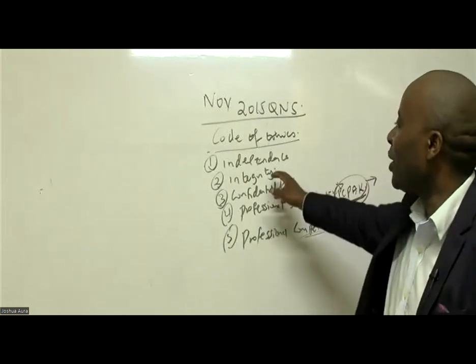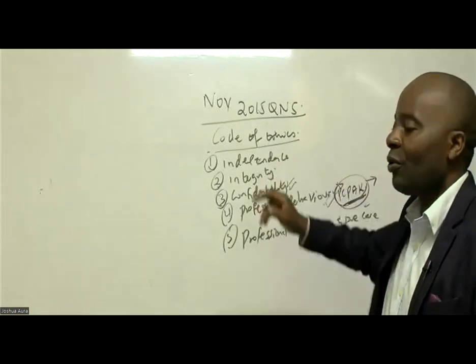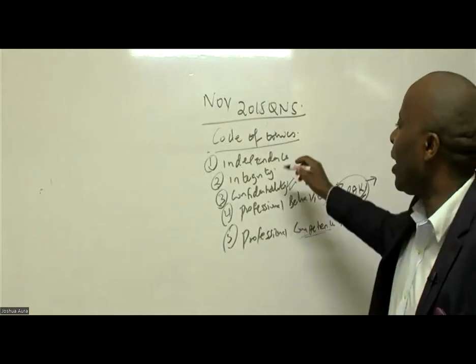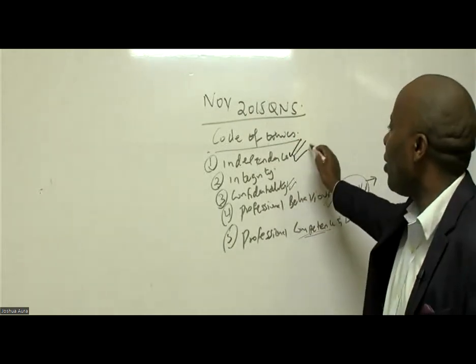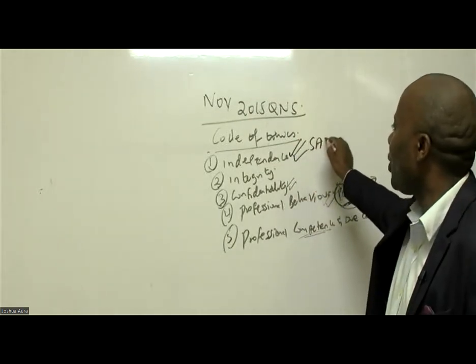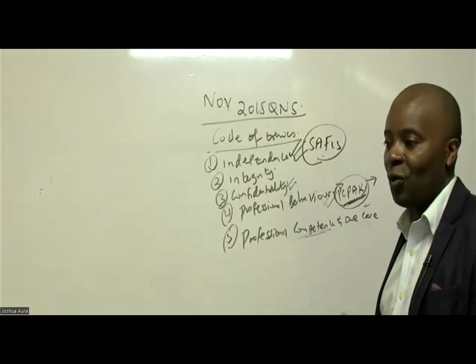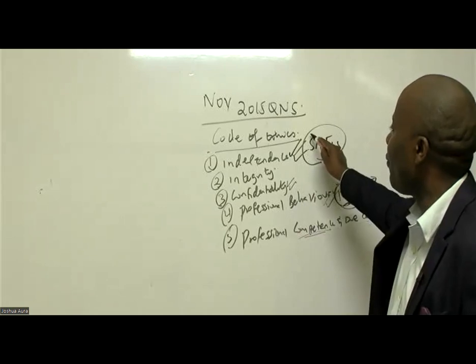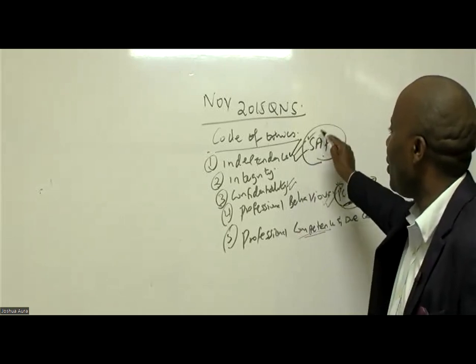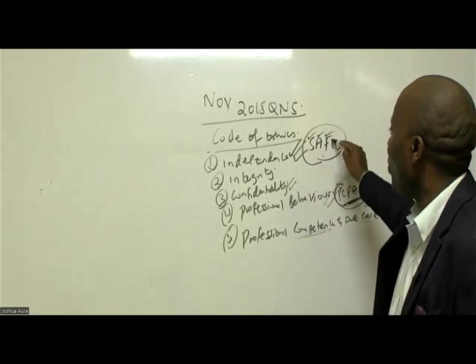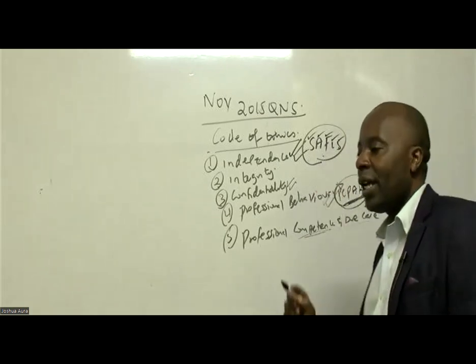From there, we have the concept of independence. Of course, you can only nail this down very well when you talk about the independence threats, using the concept of Mr. Surface. And I've already explained to you what surface means. Remember, here we have the self-interest, advocacy, familiarity, intimidation, and self-review.